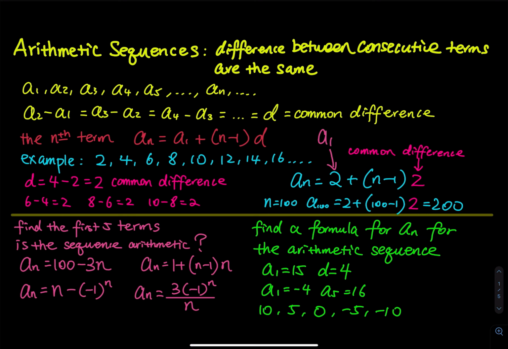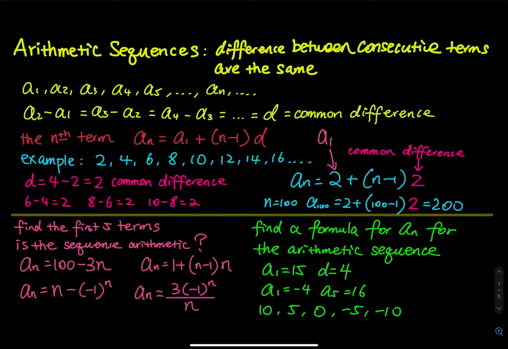You are not going to start at 2 and then add 2 100 times, right? That is going to take too long. So we will just use the formula: n equals 100, a of 100 equals 2 plus 100 minus 1 times 2, so that is 2 plus 198, which equals 200.